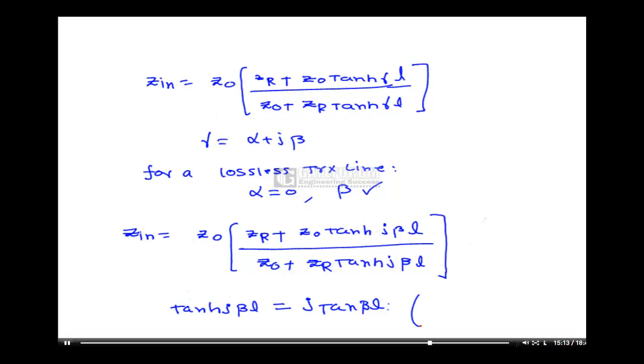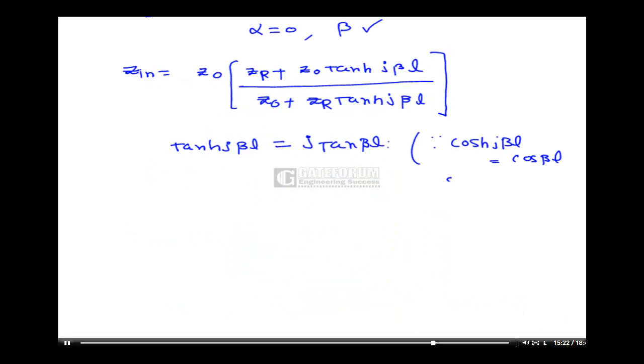This is because cosh j beta L is equal to cos beta L only, and sinh j beta L is equal to j sin beta L. Now tanh j beta L is nothing but sinh j beta L by cosh j beta L, that is j sin beta L by cos beta L, nothing but j tan beta L. So this is a trigonometric identity.